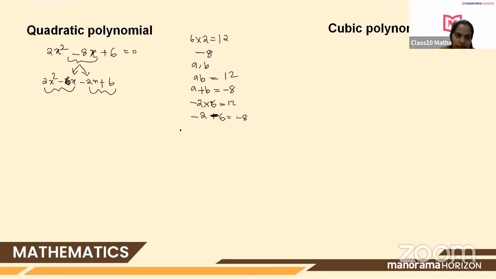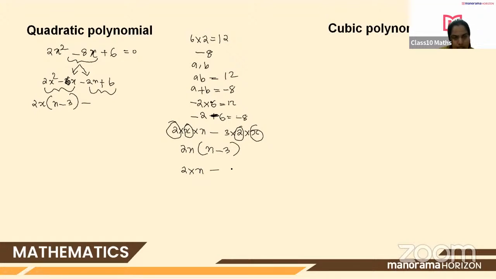Here, first factorize the first term, that is 2 into x into x minus 3 into 2 into x. So we can combine 2x from here and 2x from here. That is 2x into x minus 3, minus the next portion 2 into x minus 3 into 2.